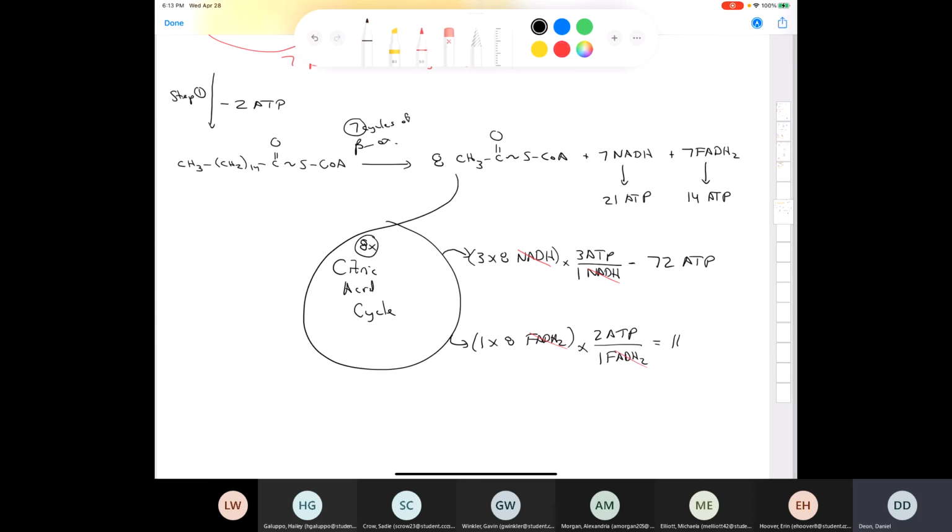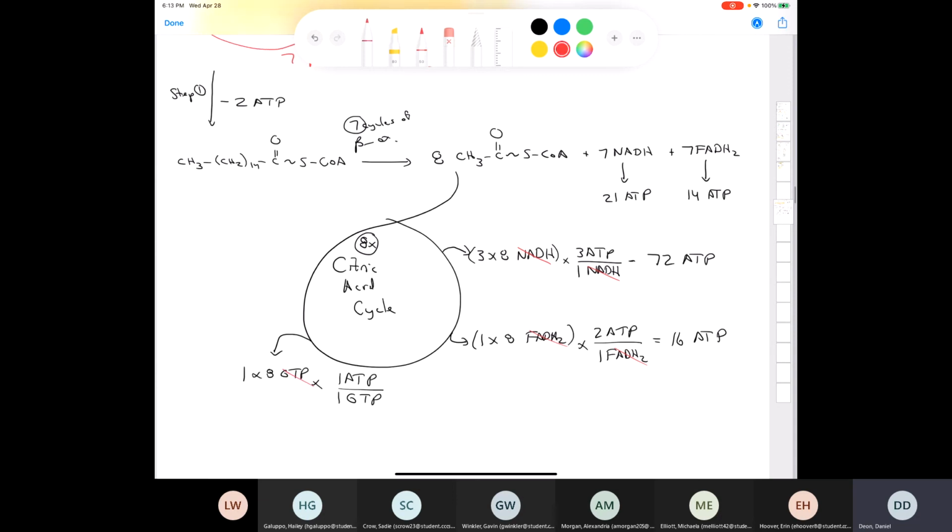That's 16 ATPs. There's one more molecule that's formed in the citric acid cycle, isn't there? We always end up with 1 molecule of GTP. So we have 1 times 8 GTPs, and you know that 1 GTP has the value of 1 ATP, right? It's a ratio of 1 to 1. So that is also pretty simple. So that gives us a total of 8 ATPs here. 8 ATPs. And there you have it, my friend.